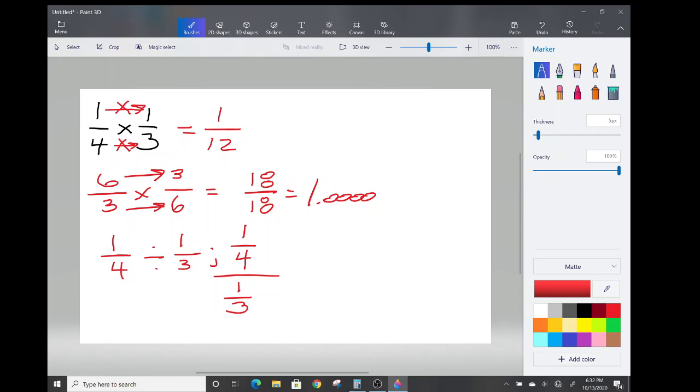What you're dividing this by, you turn this upside down. So this becomes 3 over 1. And then you multiply that times that, right? So that becomes 1/4 times 3 over 1. Yes? We turned 1/3 upside down. It's 3 over 1. We put it up on top and multiplied it. And what did you get? Ah, you got 3/4. Wow, isn't that cool? Right?